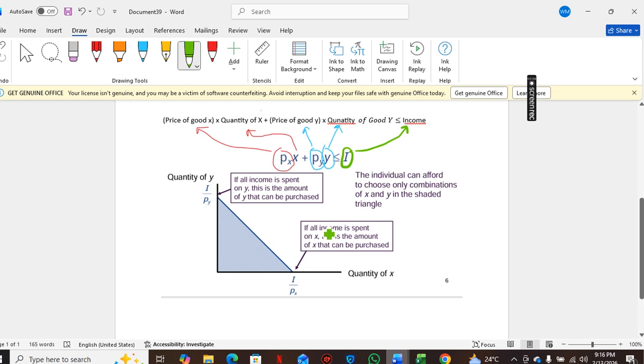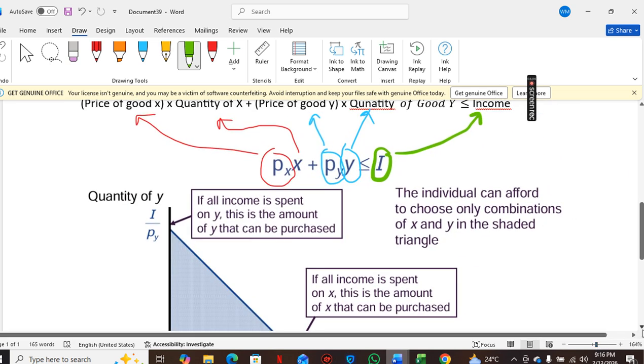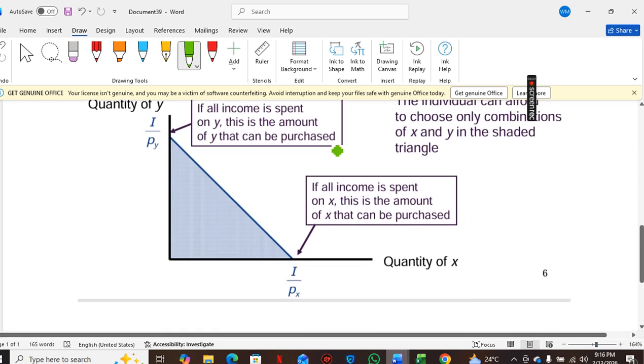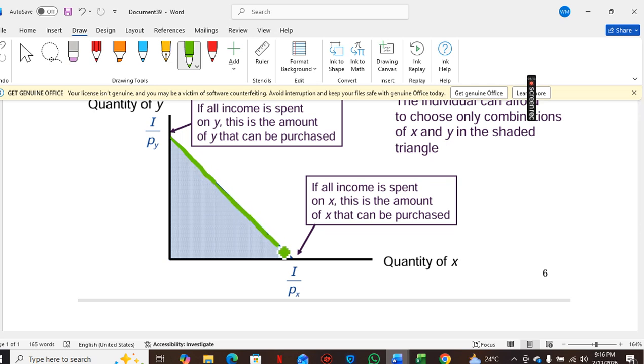If you plot this as a graph, this is how it's going to look. Think of this line here as the limit. You can't go beyond this limit. This I over Py is also called your y-intercept.